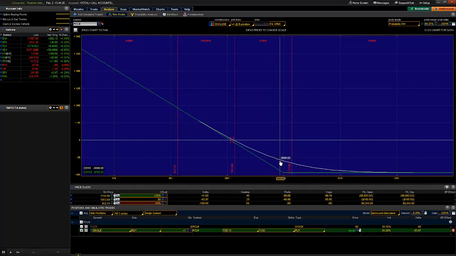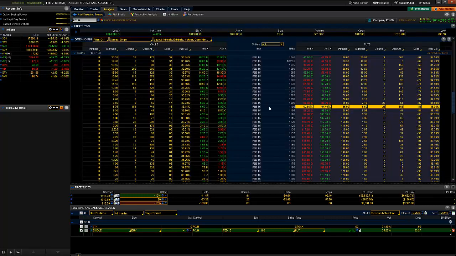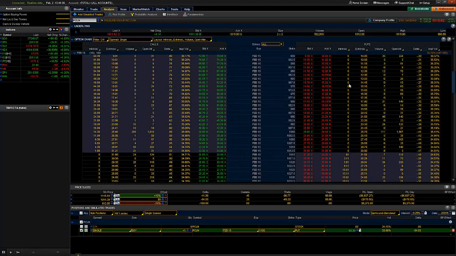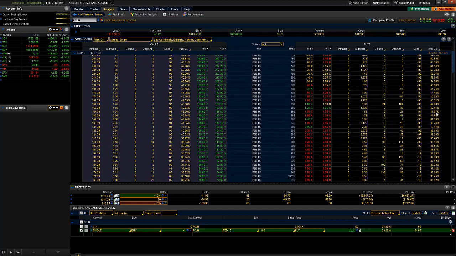So when uncertainty enters the picture, which is what happens out of the money, because these are out of the money on the put side, right? Anything under the underlying asset is now out of the money, and that becomes very sensitive to volatility changes. And you'll see that the farther out of the money you go, I have one of my columns here as implied volatility.